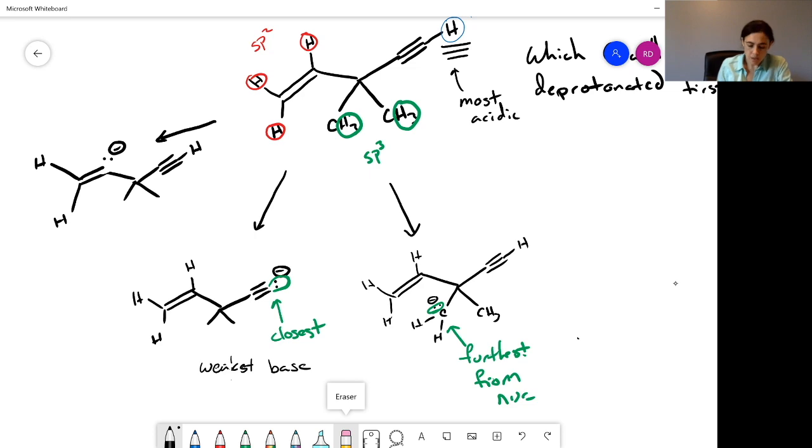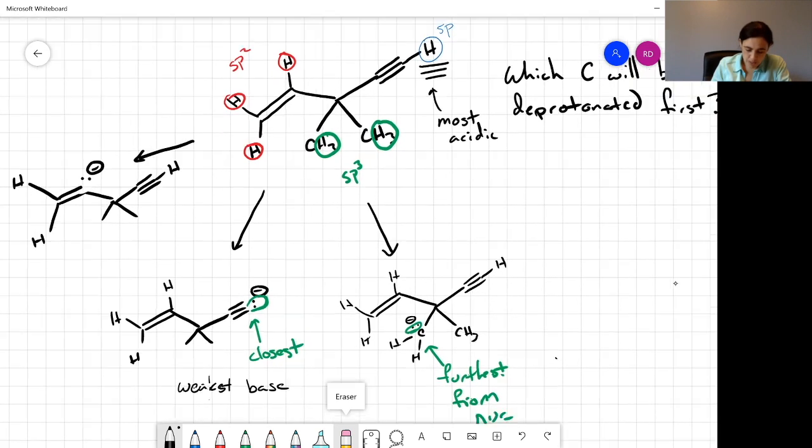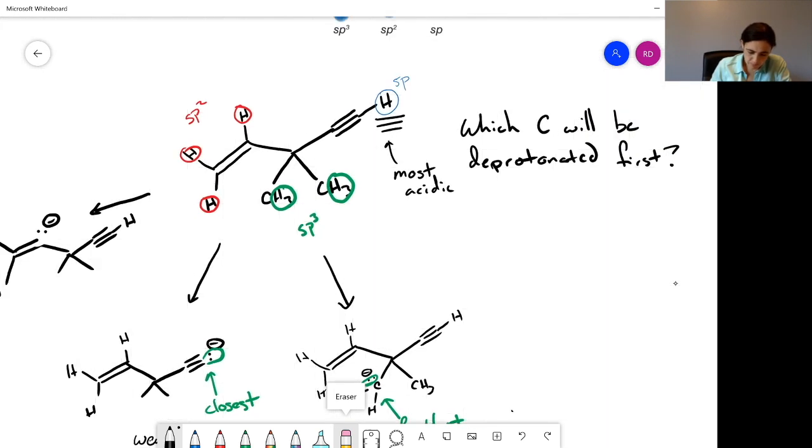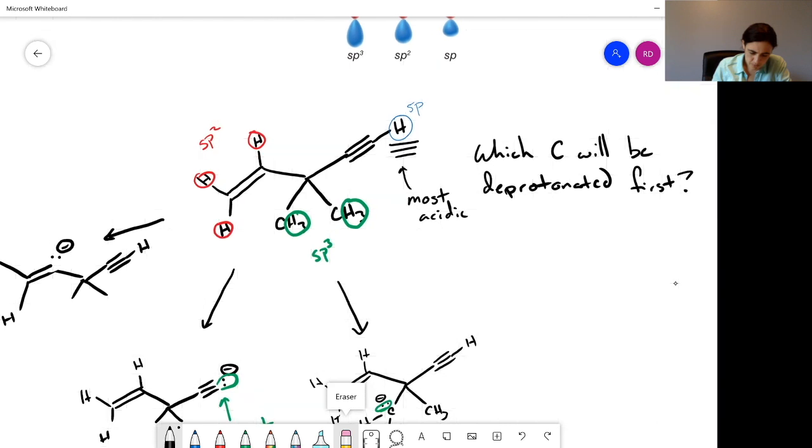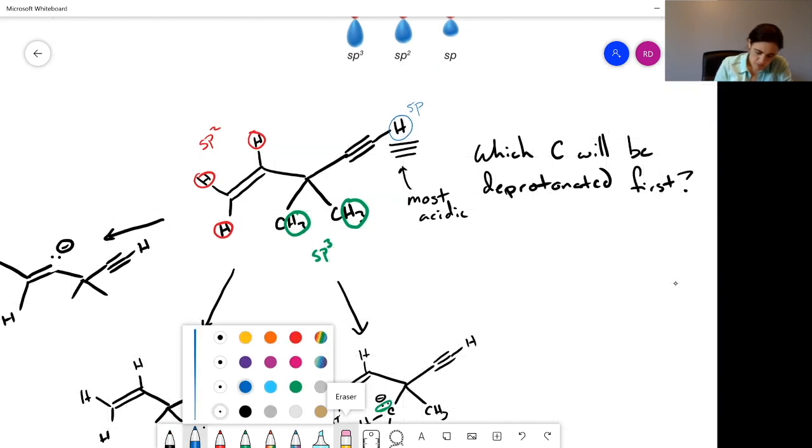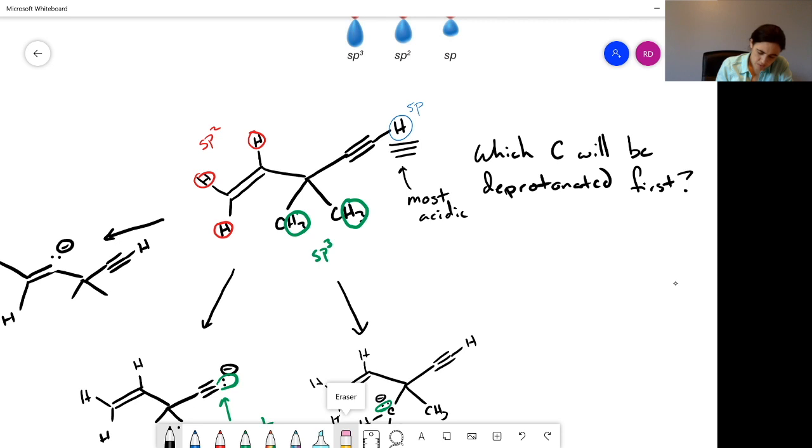position. So if we look at these in terms of pKa's, this one will have a pKa of roughly 25 for an sp hybridized proton.